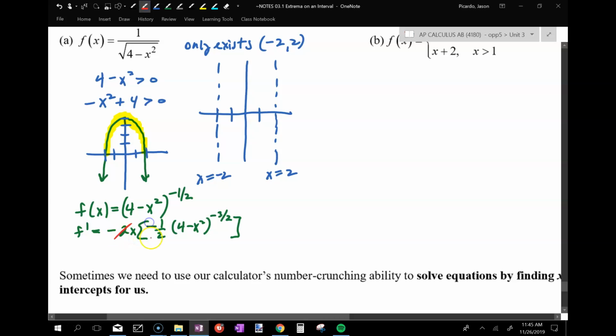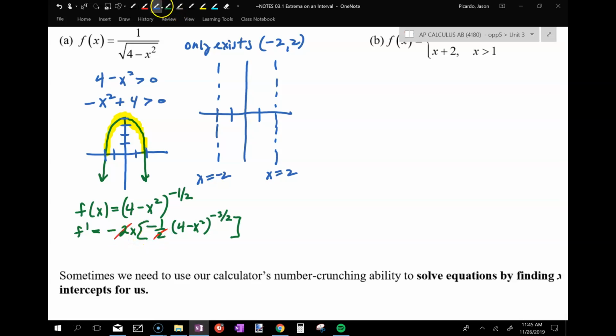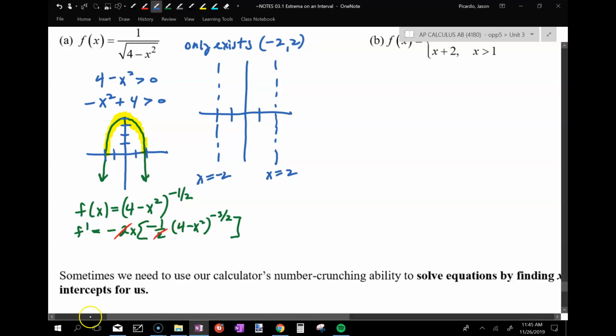Well, that 2 and that 2 reduce. And what's left? Well, I have a -1, so I have a 1 over the square root of 4 minus x squared to the 3rd power. That's my derivative, right?